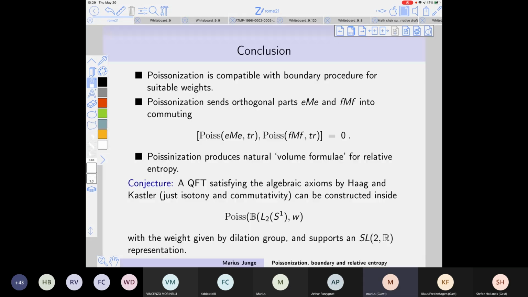So let me start with the conclusion. Poissonization is compatible with boundary procedure and suitable weights. It has this orthogonal-to-independent property. It produces some kind of natural volume formulas for relative entropy.